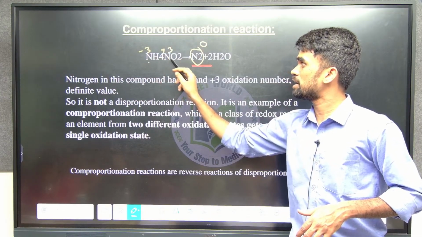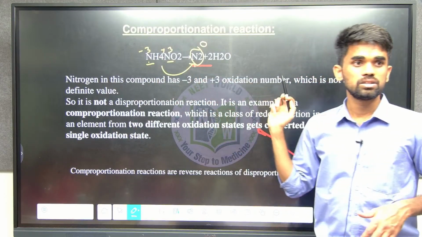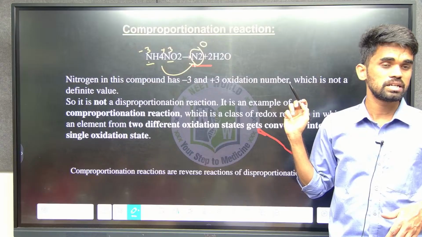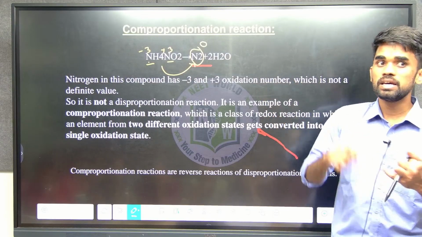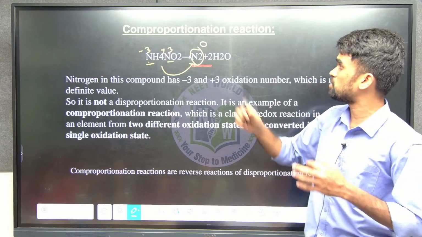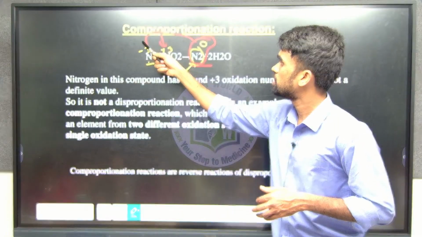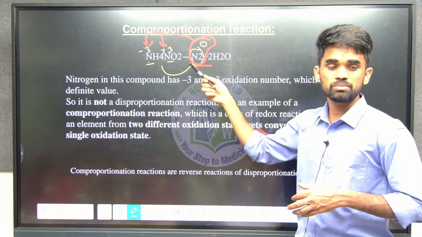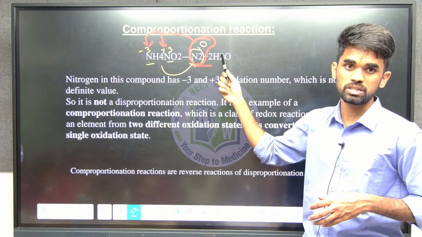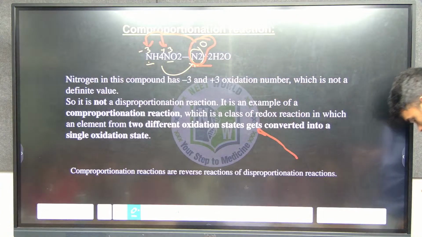So 2 different oxidation states of an element finally give the single oxidation state. Then these reactions are called comproportionation. Previously it was disproportionation, here it is comproportionation.